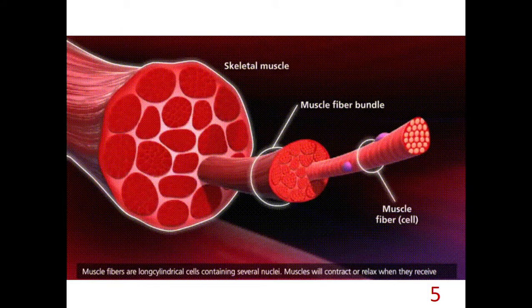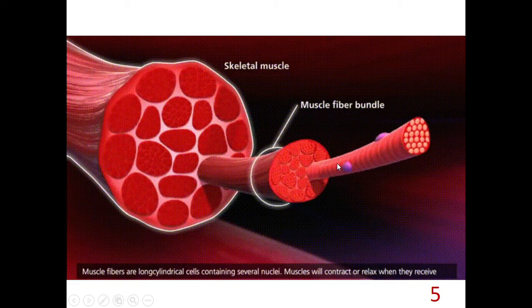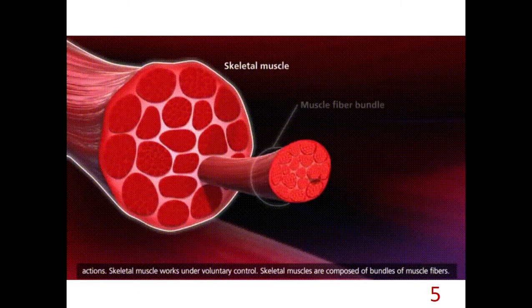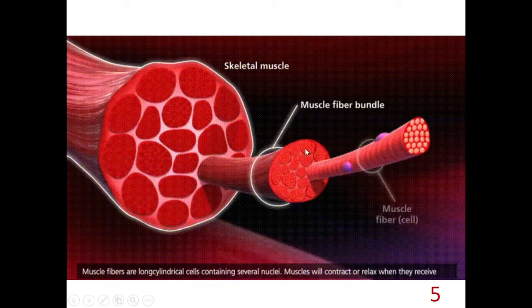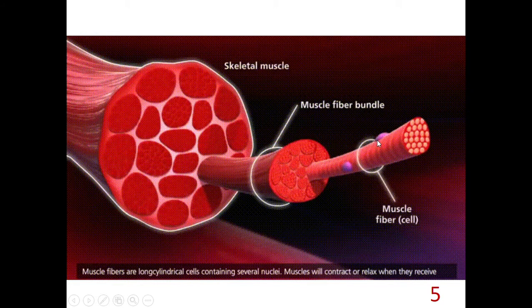Every bundle contains several muscle fibers, and endomysium surrounds each muscle fiber, which is a multinucleated, long and cylindrical cell.